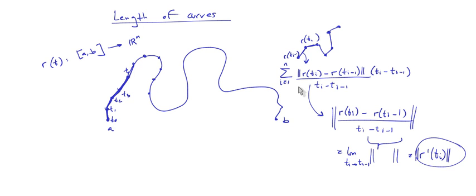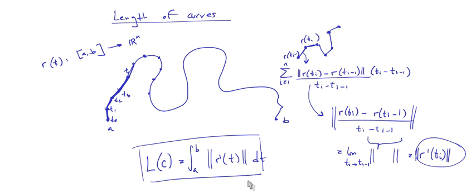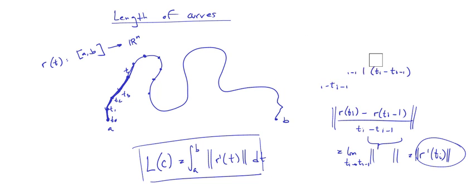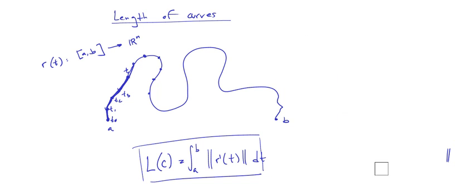So what we are integrating, when we get the length of a curve, is the integral between a and b of the norm of the derivative of r at that point t. So that's going to work whenever we can write our curve in terms of a parameterization of t. So let's see how we can work this out.